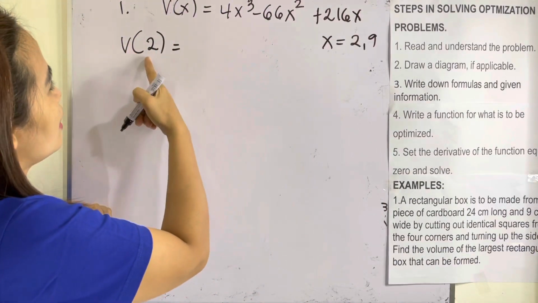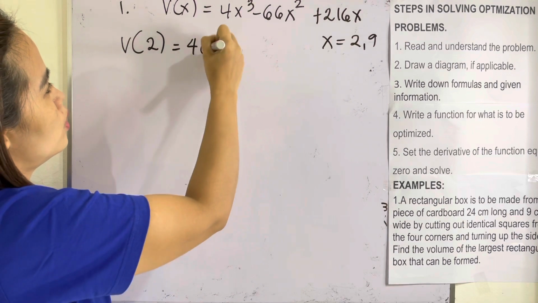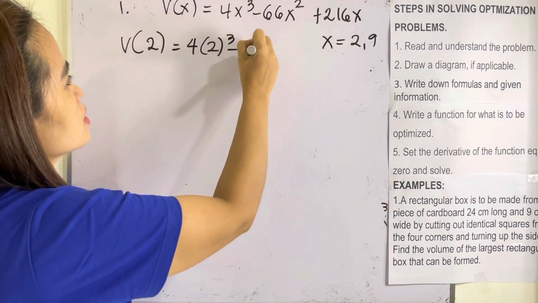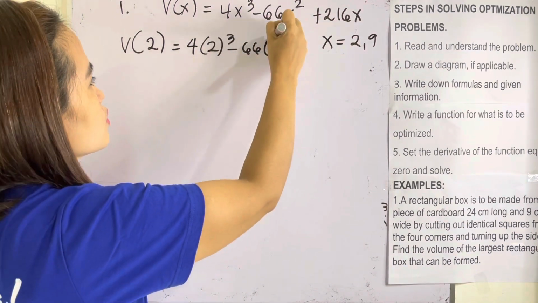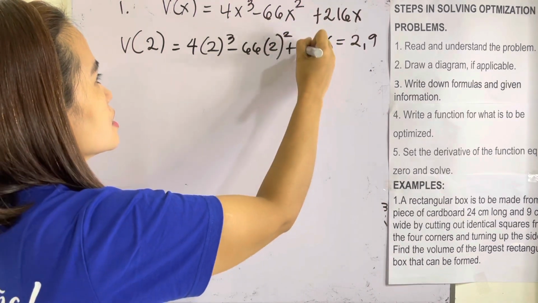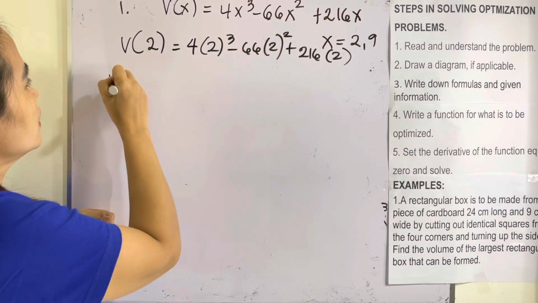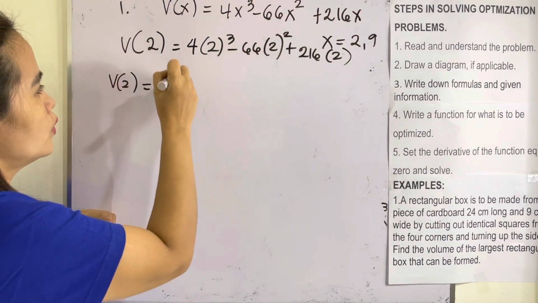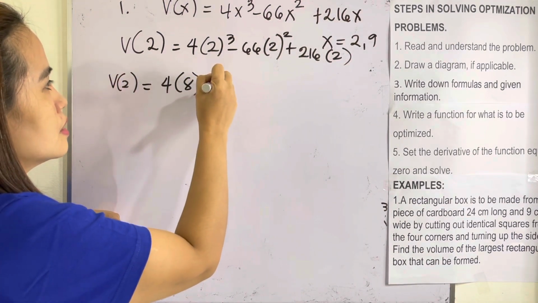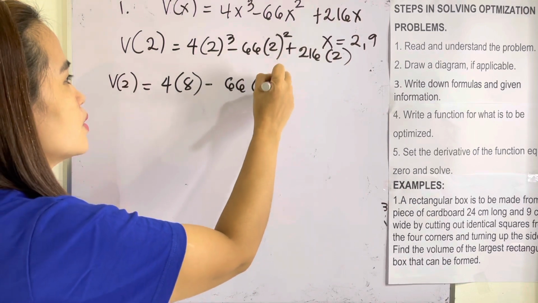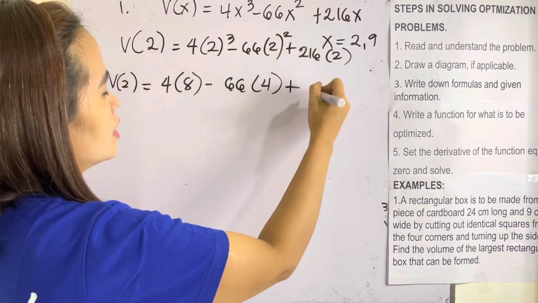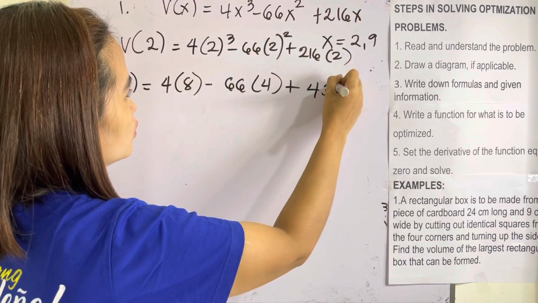So let us evaluate V of 2. We have 4, 2 cubed minus 66, 2 squared plus 216 times 2. So V of 2 is equal to 4 times 8 minus 66 times 4 plus this one is 432.